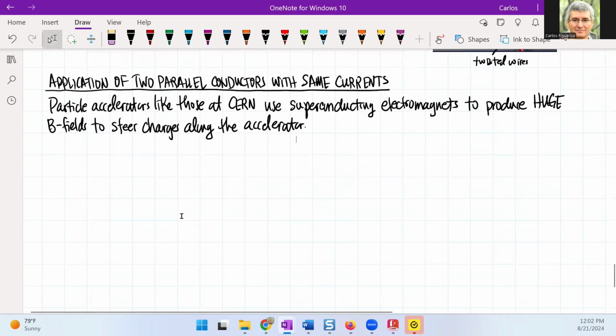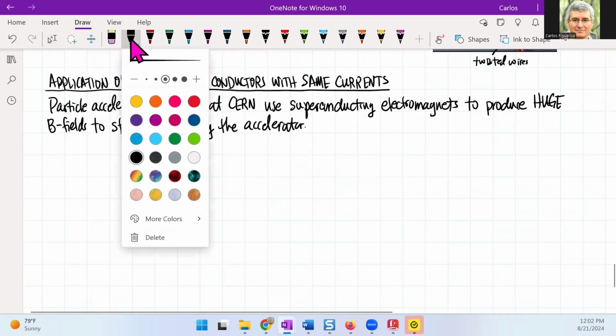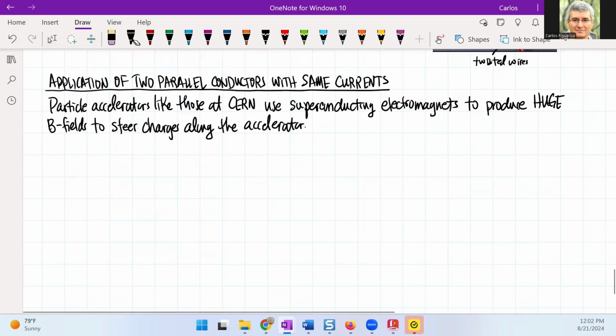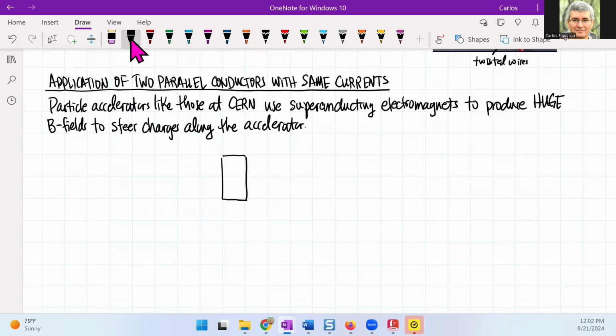So what you should imagine here is that you have a series of magnets. So I'm going to say that here's a magnet here. And I'm not really sure how to draw this, but let's say that this is a magnet right here. And these magnets now are all starting to twist just a little bit. So then I'm going to have a second magnet right here. And then I'll have one more here.